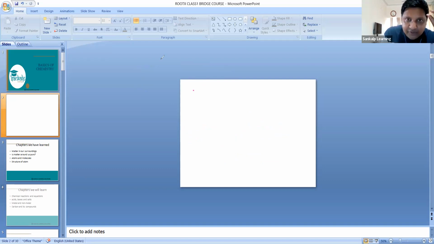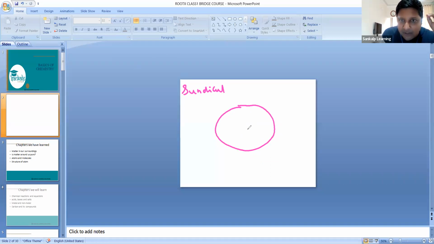So the first device which we are coming across is a sundial. In a sundial, you can see there is a circular plate, and on the circular plate, exactly at the center, there is a triangular rod.